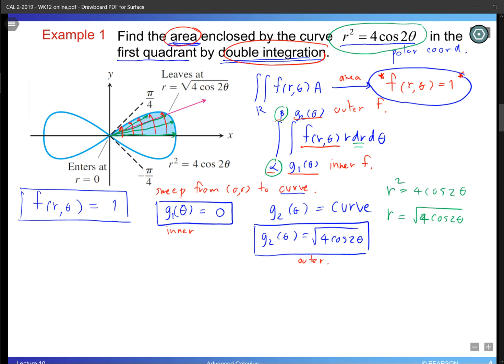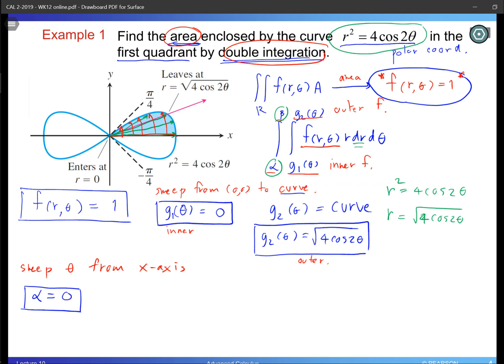You can see that we start sweeping theta from the x-axis, which means that alpha here is supposed to be the angle of 0.